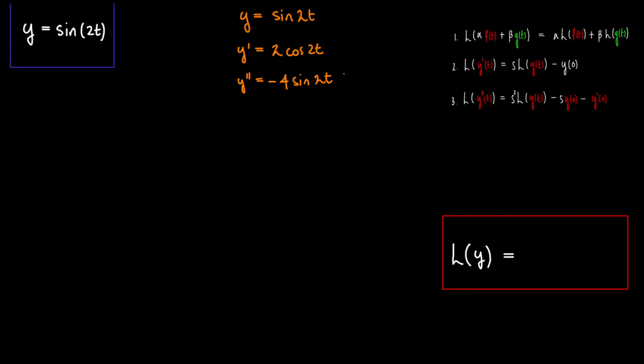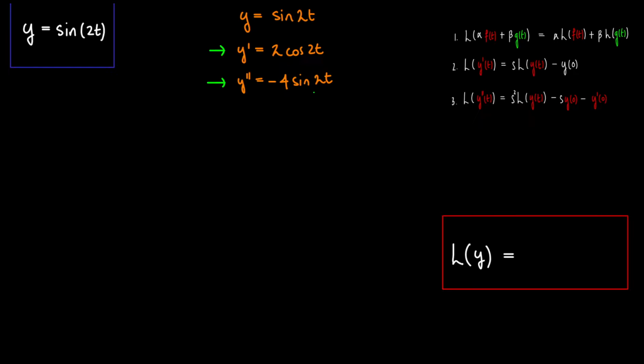Why did we differentiate twice here? Because let's say I stopped here. Then if I applied the Laplace transform to both sides, I would still be left with the problem of calculating the Laplace transform of cos 2t. And we don't know what that is at this point. So when we have such a term where we don't know what the Laplace transform is, we continue and differentiate once more.